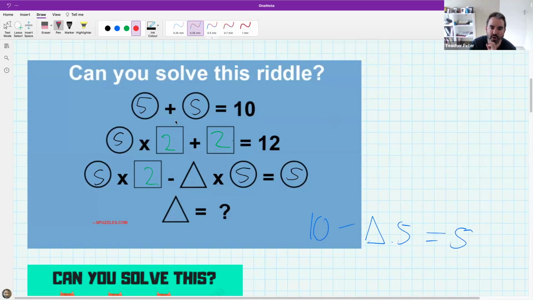I think the only way that this could be true is if there was a 1 there, because 1 times 5 is 5, and 10 minus 5 would be 5. And so the triangle has to be 1.